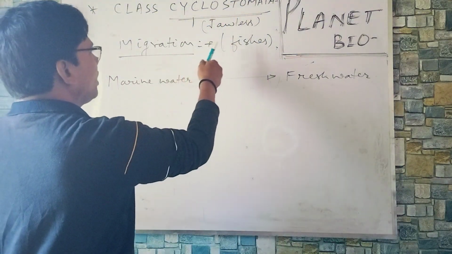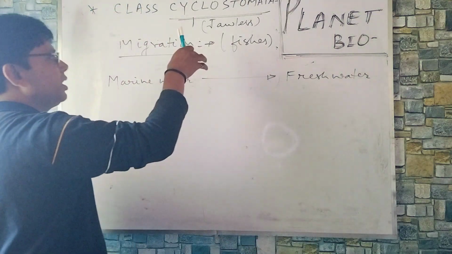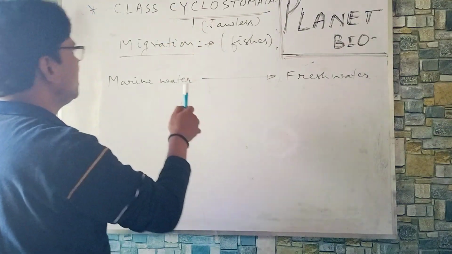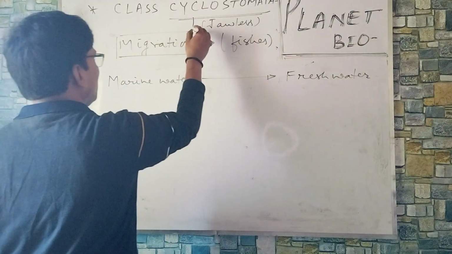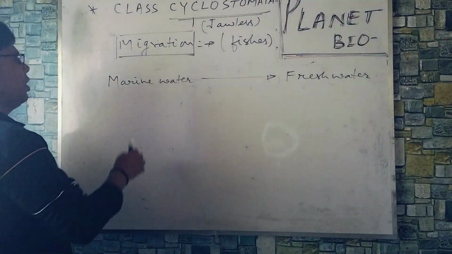Migration can be shown by jawless fishes as well as jawed fishes. At present we are discussing cyclostomata, jawless fishes, so note down this extra property of migration.